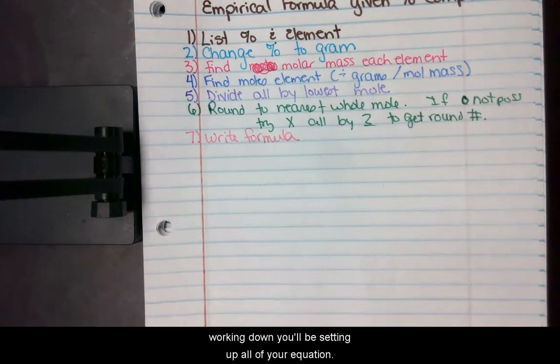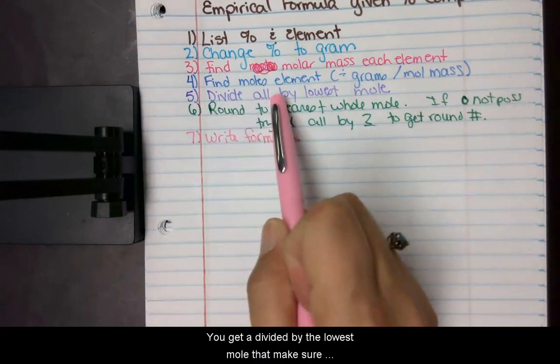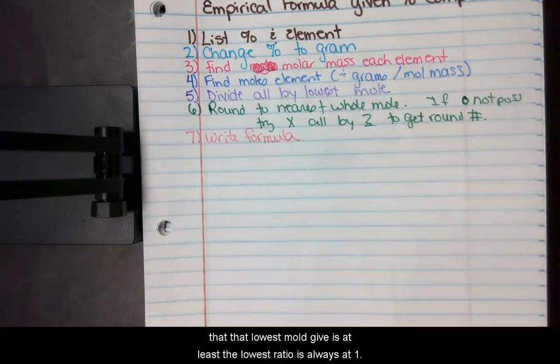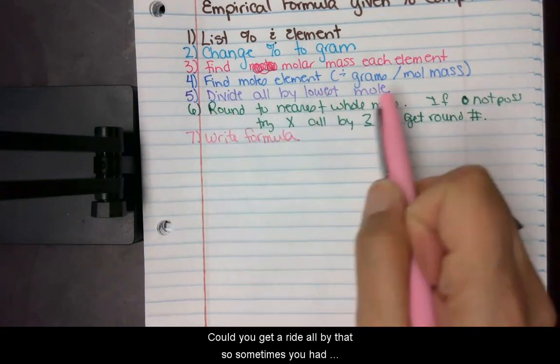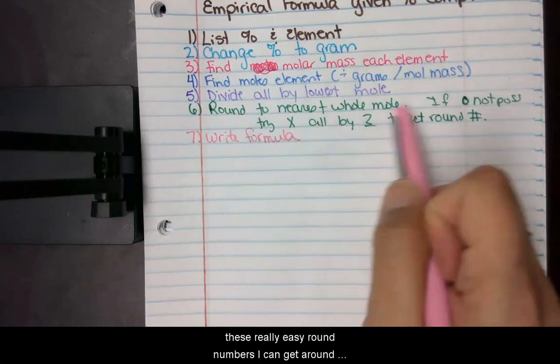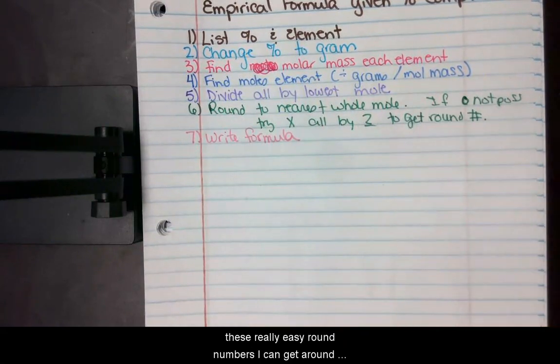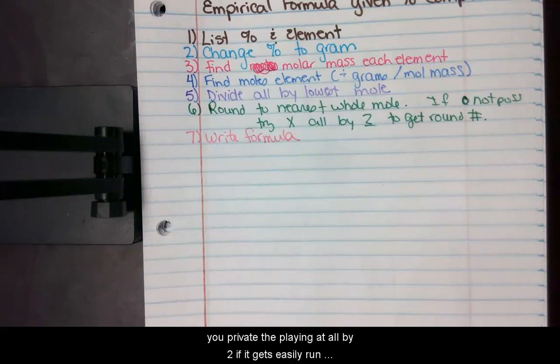So if you're working down, you'll be setting up all of your equations. You're going to divide by the lowest mole. That makes sure that the lowest ratio is always a 1. But you're going to divide all by that. So sometimes you have these really easy round numbers, like you get around 0.1, 0.2. You can round it to the nearest whole. If you get like 0.3, 0.4, 0.5, 0.6, 0.7, it's not as easily roundable.